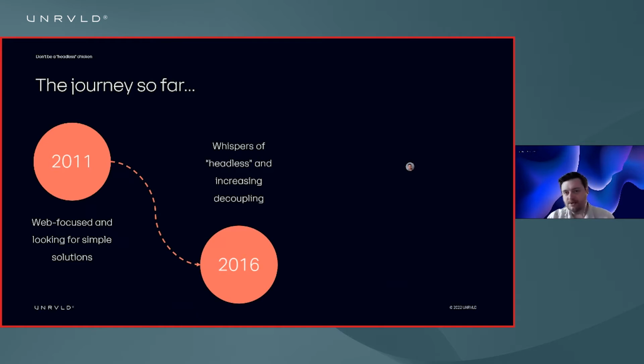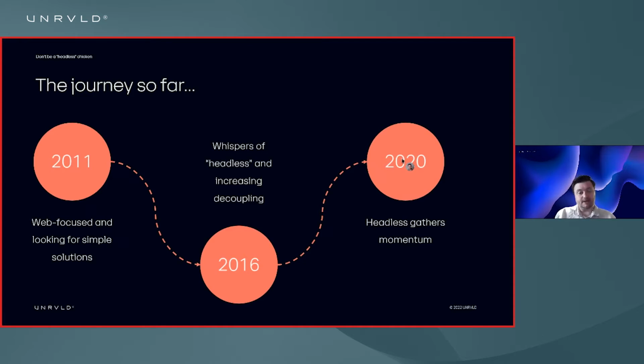And there are whispers of headless moving around, and typically that's coming from the developer corner, where developers are experimenting with a lot of these different types of technology, but commercially there's not a huge amount happening. Then as you move through to 2020, headless is gathering momentum, and it's on a lot of people's lips, and you can see analysts such as Gartner and Forrester talking a lot about not just headless, but the broader concept of composable, which is something we're going to talk about today.